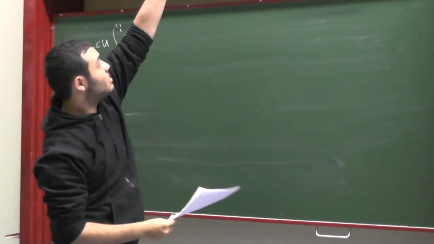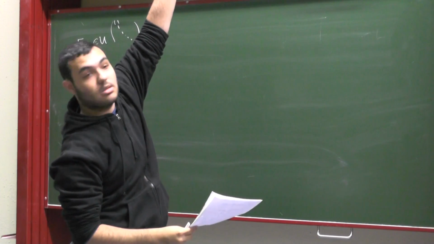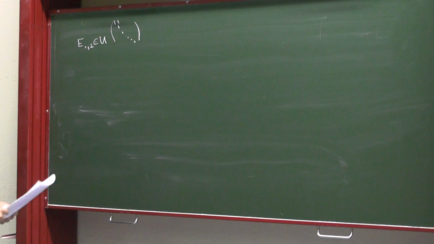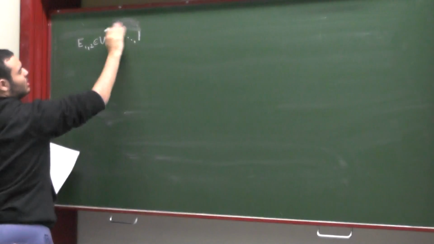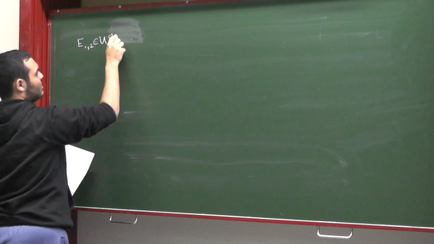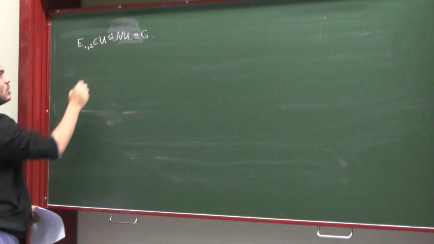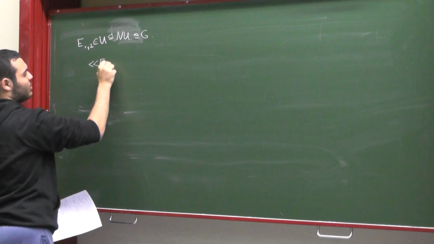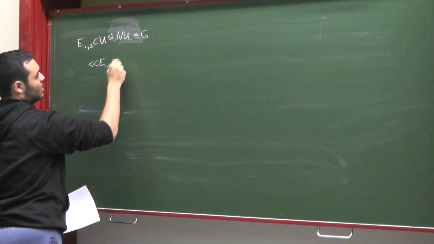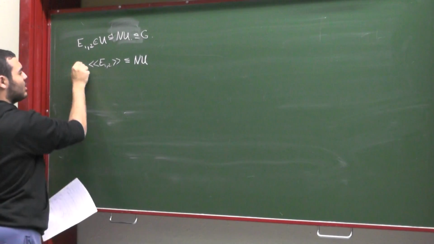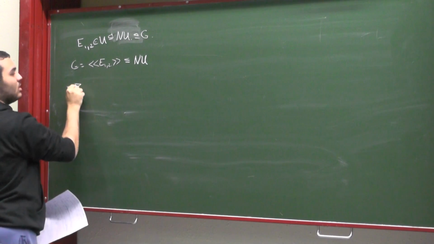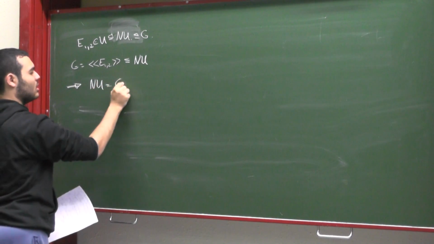Because look up there, what the form of U is. Okay? This is contained inside NU, which is normal in G. Therefore, the normal closure of it is also inside NU, but it's G. Therefore, NU is G.